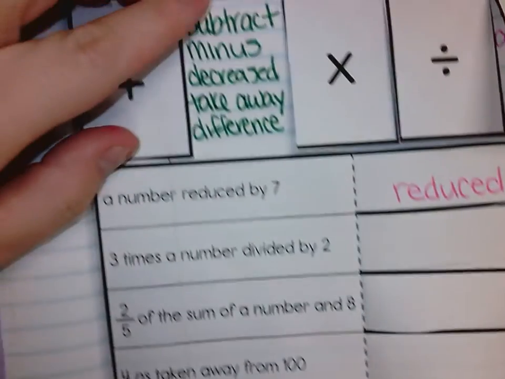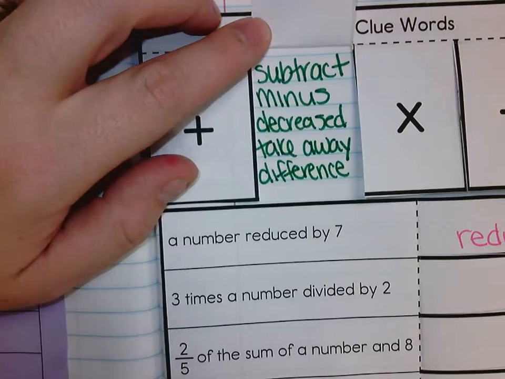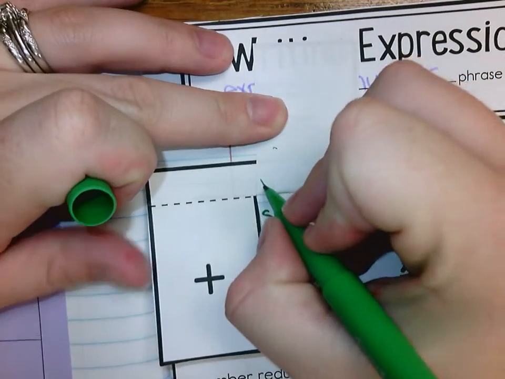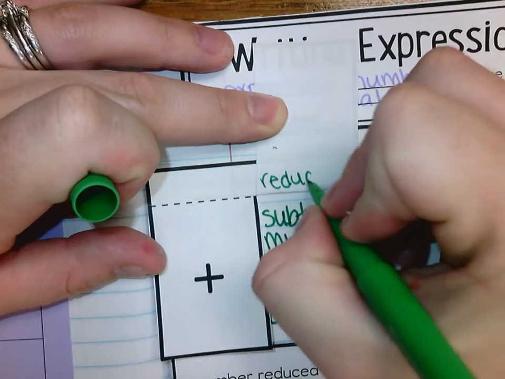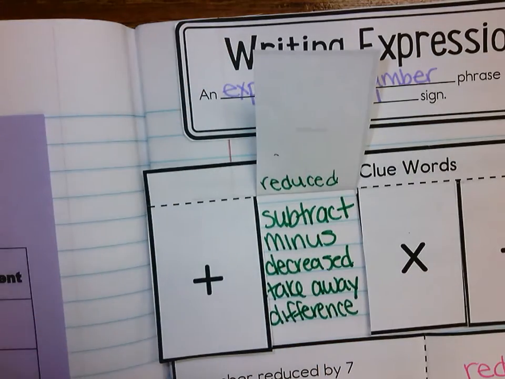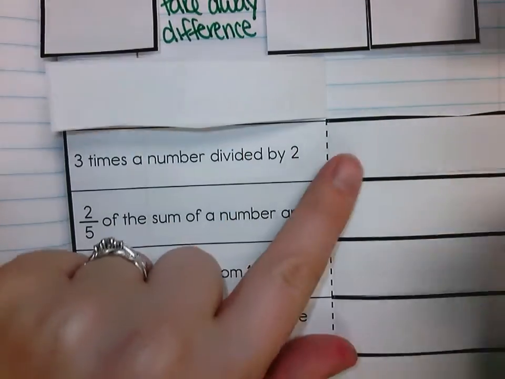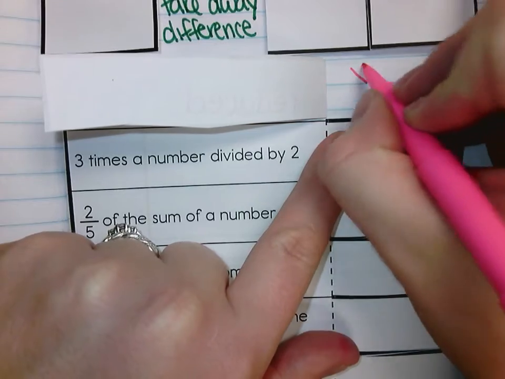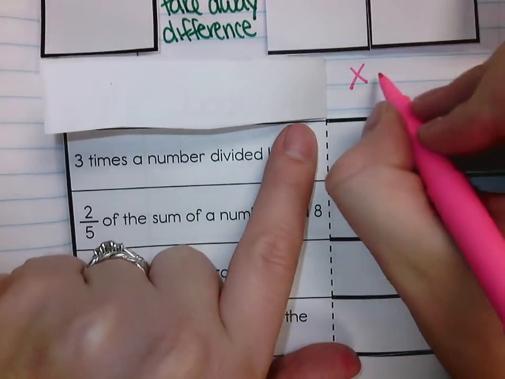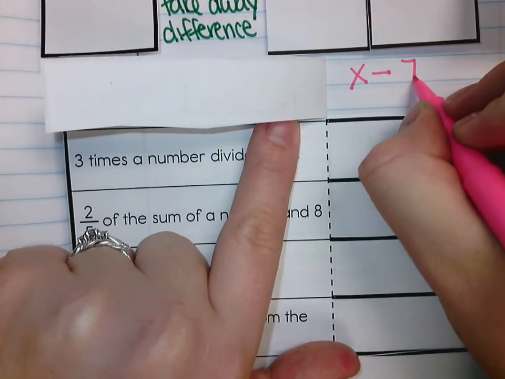And we didn't add this to our list earlier, so we might want to add that in over here, but reduced means I'm making something smaller, which means subtraction. And then underneath that tab, we're going to write our answer. So a number, you can use any number you want, reduced by 7.